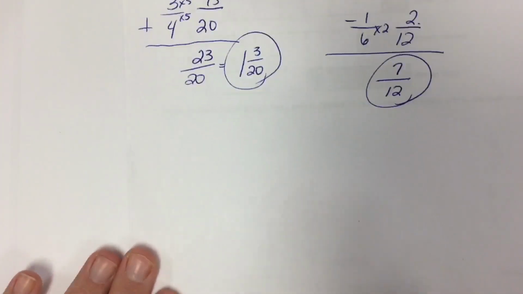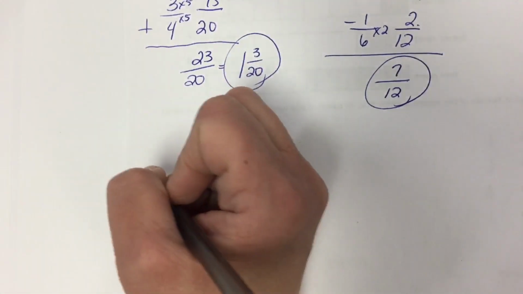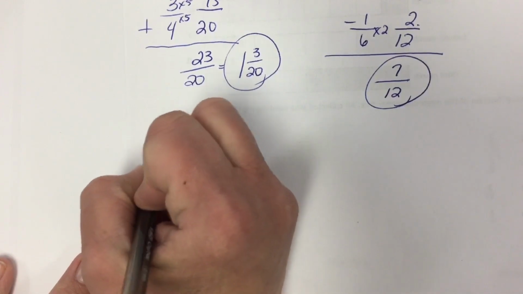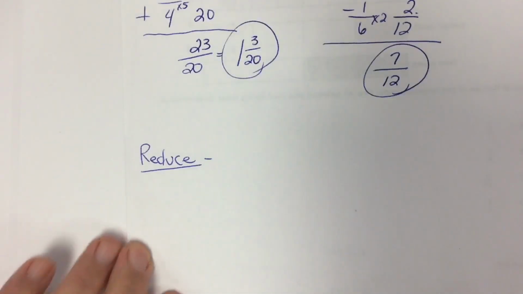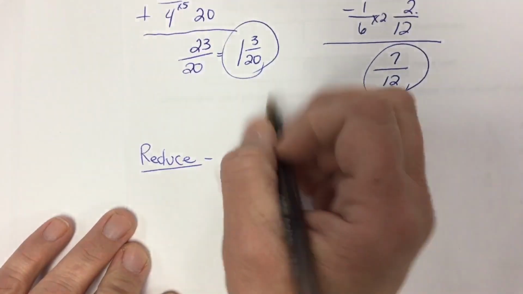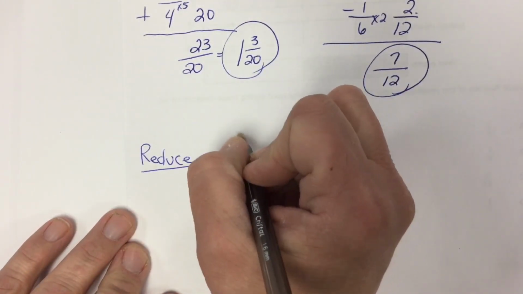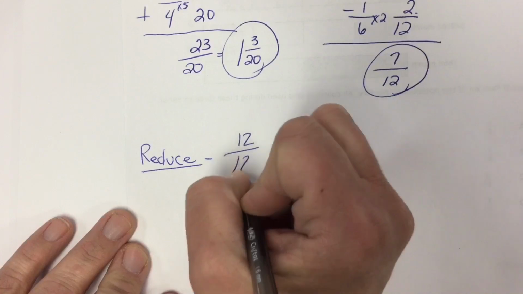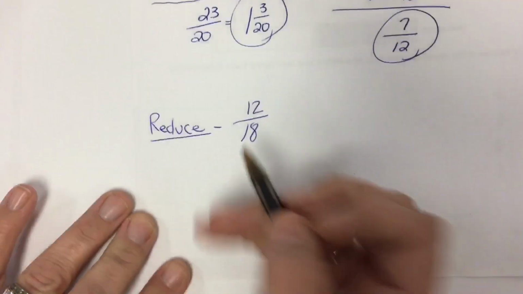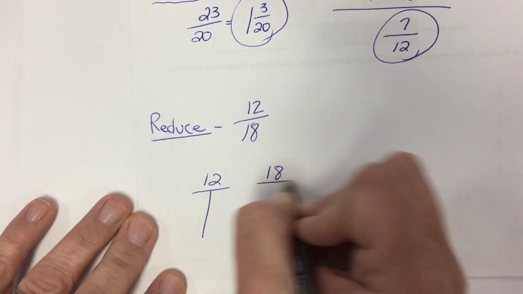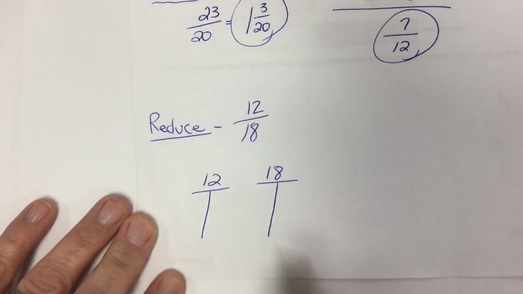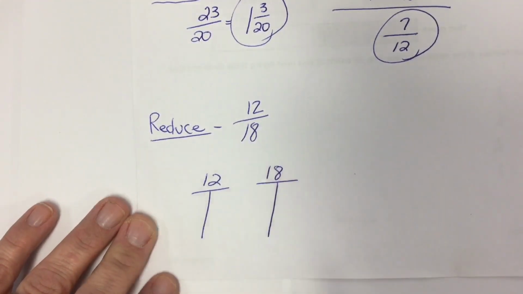Okay, but what happens if we need to reduce? What if I have the problem, my answer came out to be 12 over 18. To reduce, we're going to do a T-chart for each number, a T-chart for the numerator and a T-chart for the denominator.